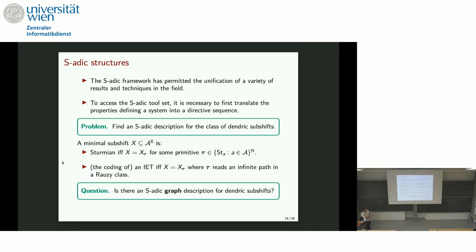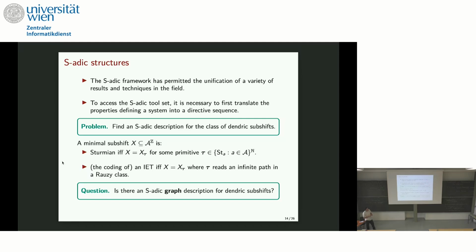In this case, this is equivalent to stating the property of primitiveness, which I'm not going to define, but it's a very simple combinatorial condition. Now, for the class of codings of IETs, we also have an S-adic structure. In this case, this comes from Rauzy classes, the things that encode the Rauzy induction.